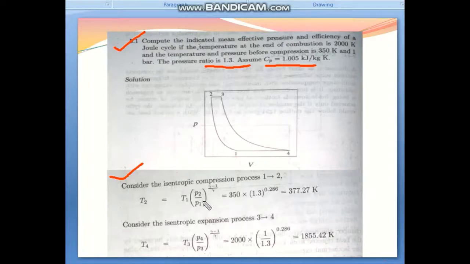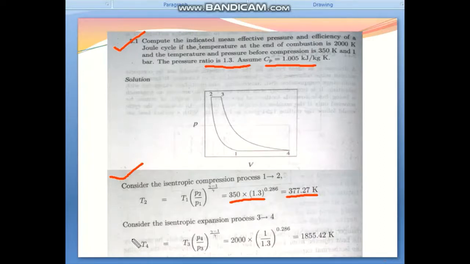Substituting all these values and gamma equal to 1.4, which we assume for air, we get T2 equal to 377.27 Kelvin.